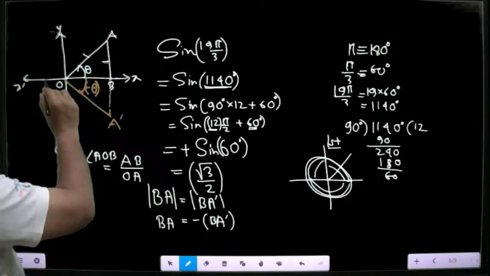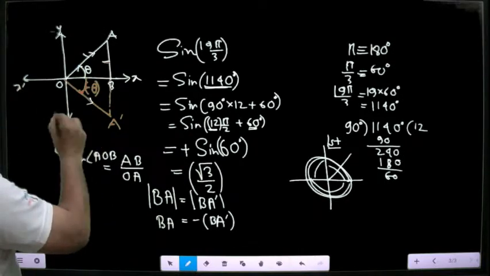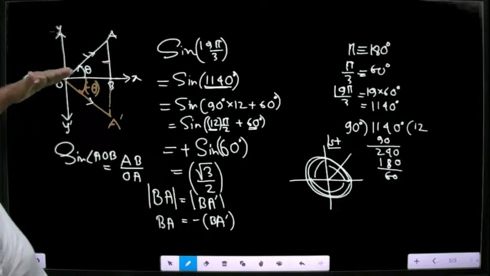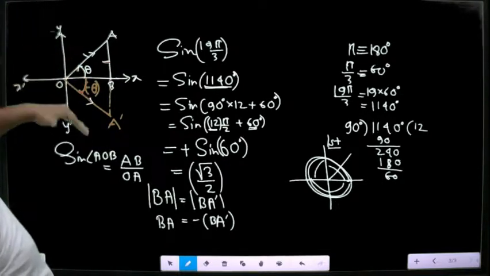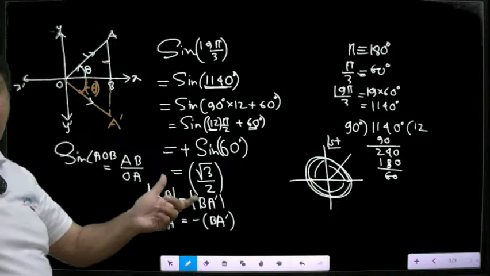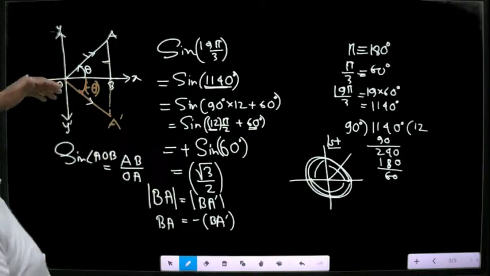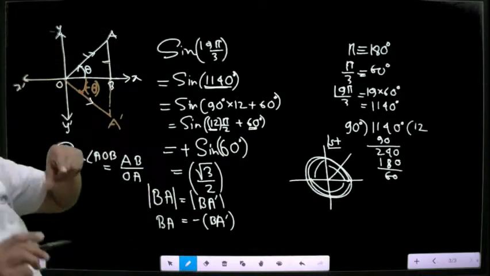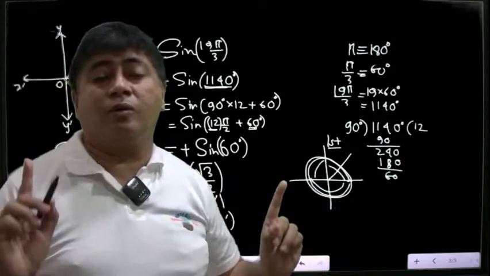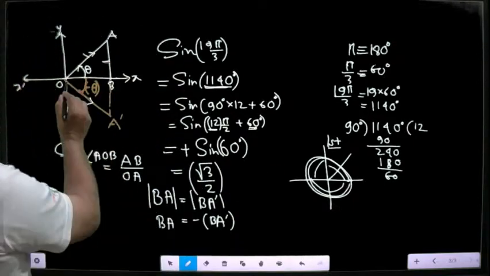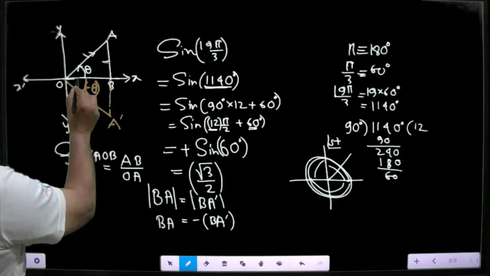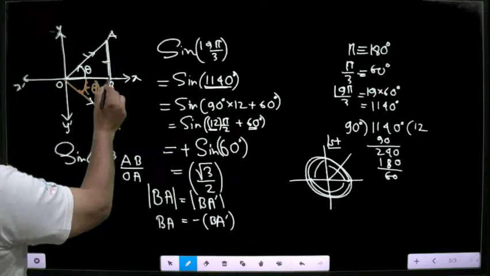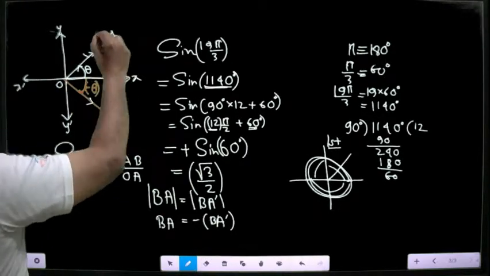Now, what happens in case of OA and OA dash? OA lies in the first quadrant, OA dash in the fourth. So will that change of sign play the same role here? No, because in the coordinate system, plus or minus depends on the x and y components, not the diagonal movement.